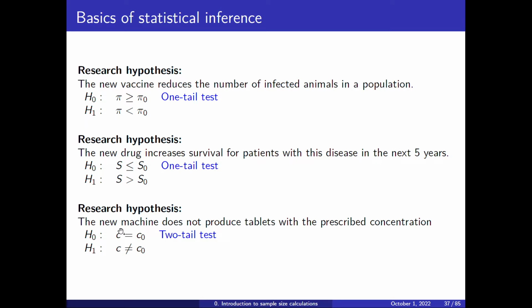While in the two-tails test, you don't know if there will be a change, and you don't know if it is an increase or a decrease of the concentration. So you have to look in two tails of the associated distribution. This decision is not innocent, and it has to be taken before doing the experiment.